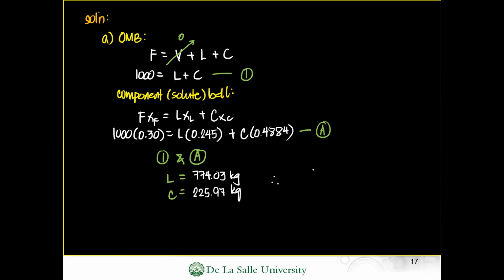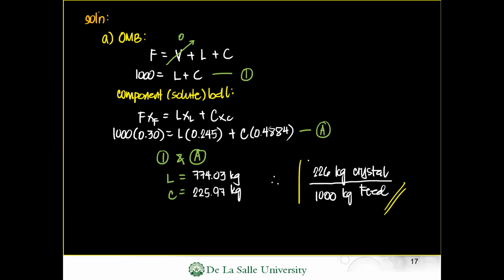So you're asked to solve for the yield. So approximately 226 kilograms of crystal per 1,000 kilograms of feed.